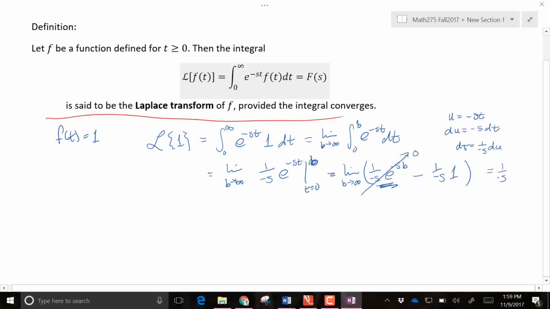We did it. We Laplaced our first function. So the Laplace transform of the function 1 is equal to 1 over s. Yay.